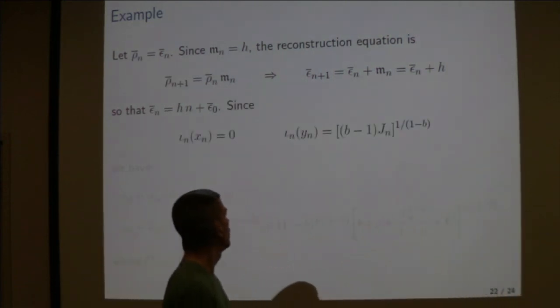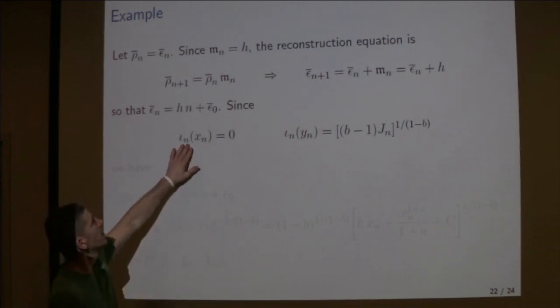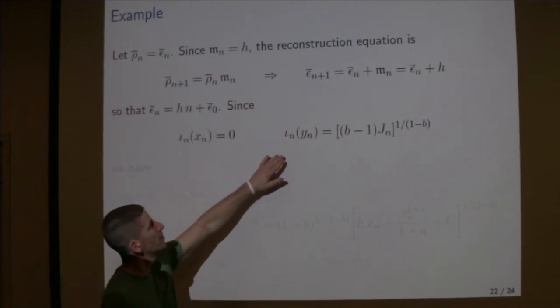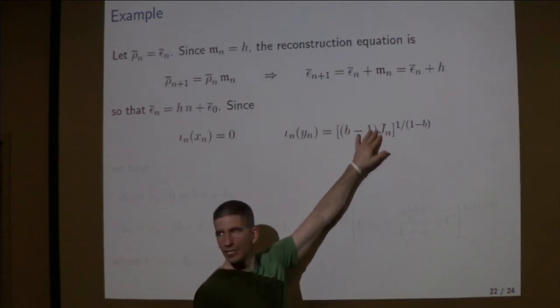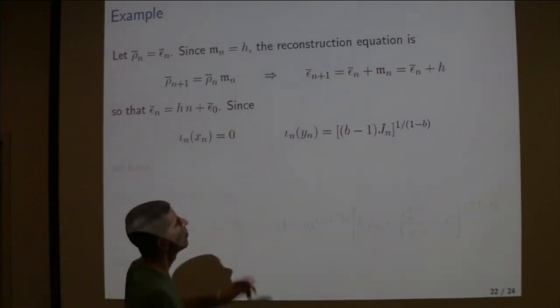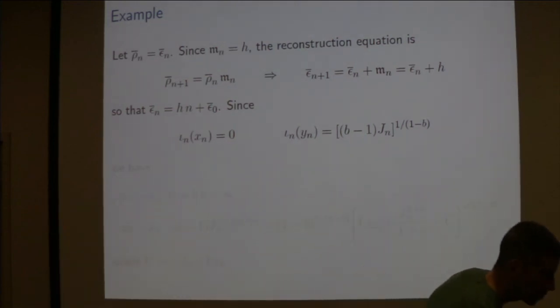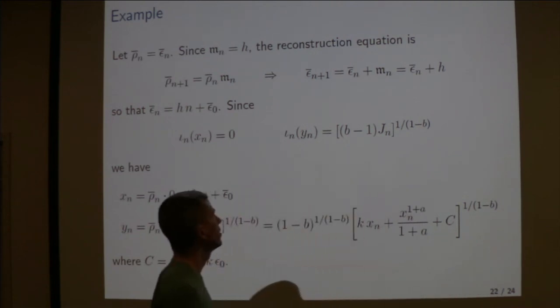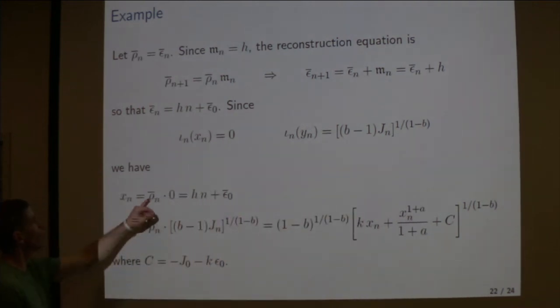And then we know that the invariantization of xn is 0, the invariantization of yn is this expression here. And so we can act on this by the inverse of the moving frame, rho n bar.